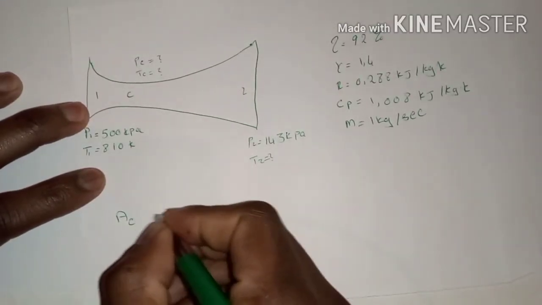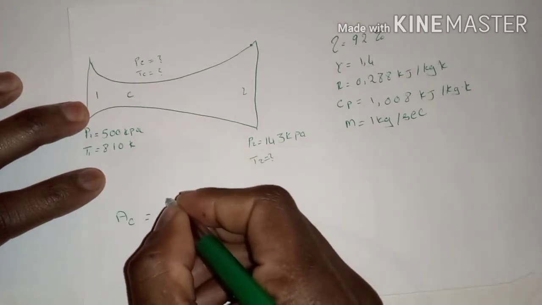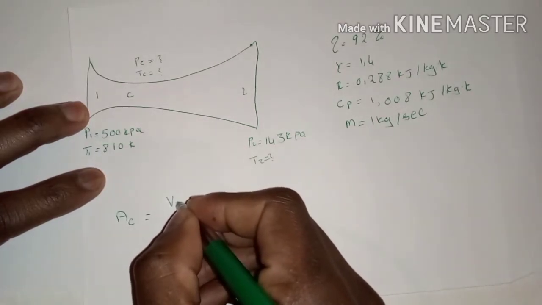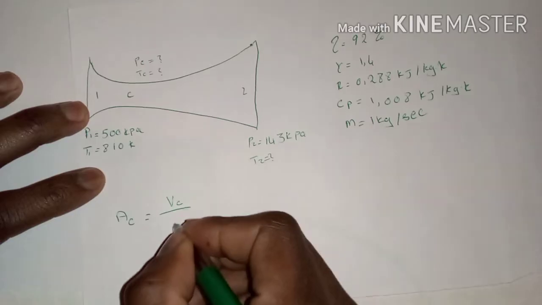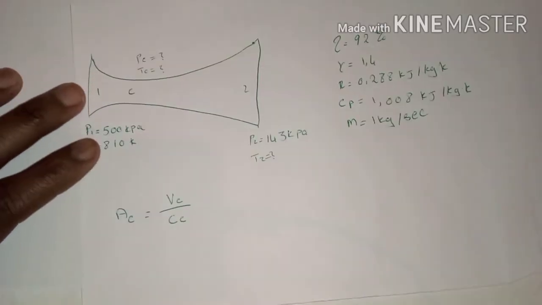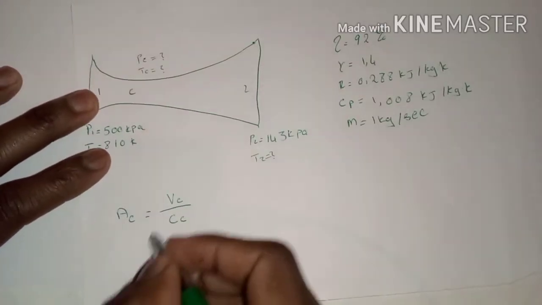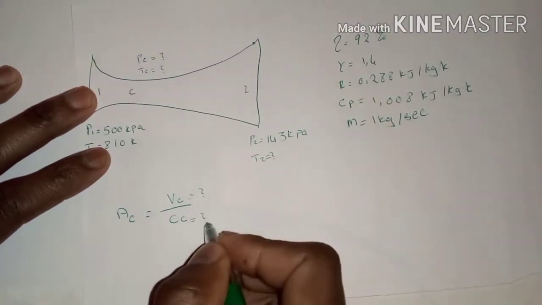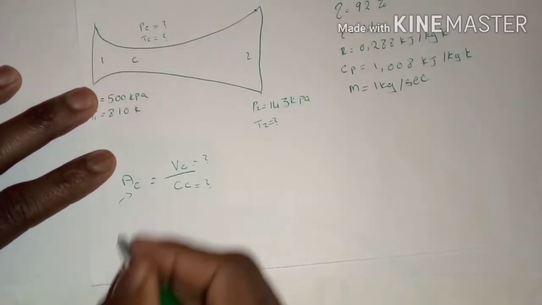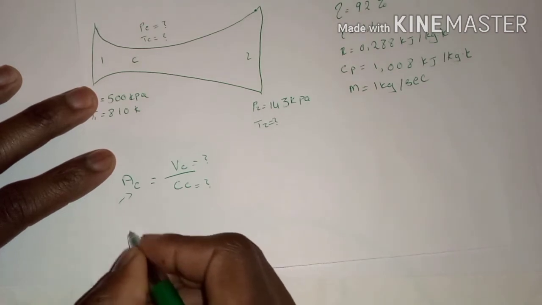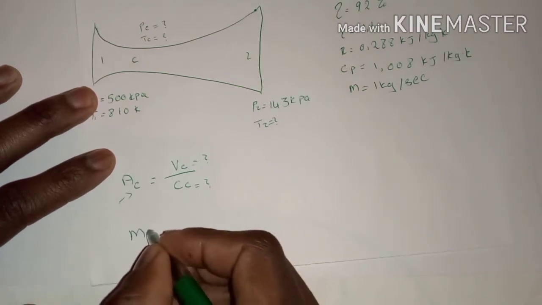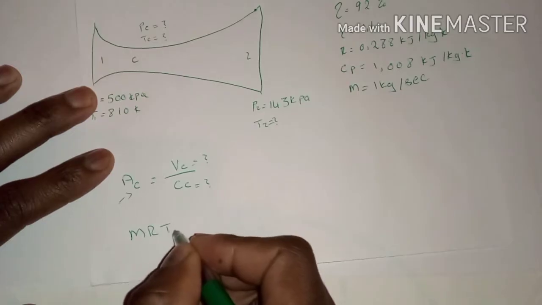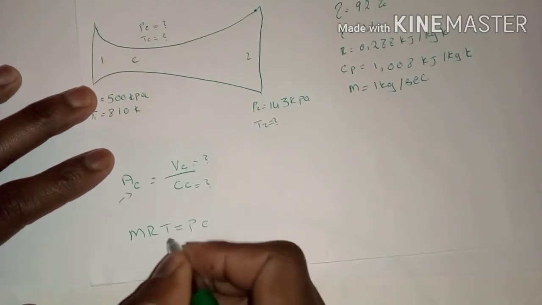Let's start with C. It's given by what? V, which is our volume, divided by C. So what we have to do now is to calculate the value of V and the value of C for us to be able to get the area. We know to get V, we're going to use MRT, PV.